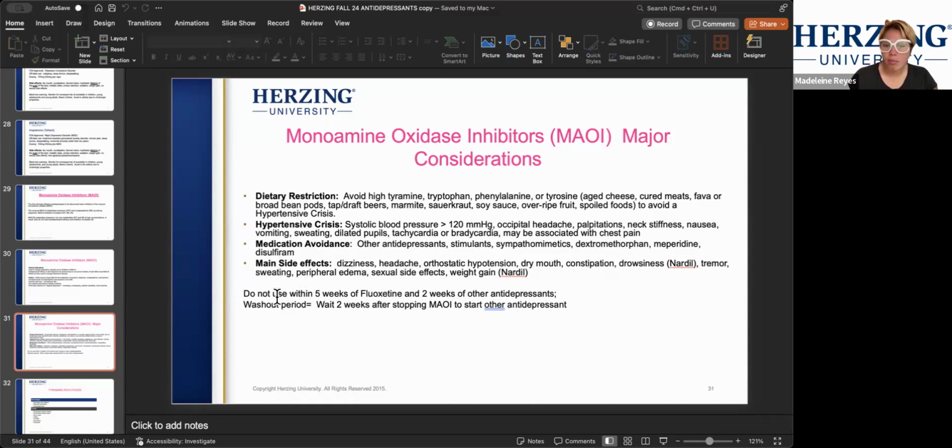So you have to take them off fluoxetine, wait a while, and then start this medication to make sure that everything has been washed out and ensure that they don't get a hypertensive crisis. So for the washout period, wait 2 weeks after stopping an MAOI to start another antidepressant.